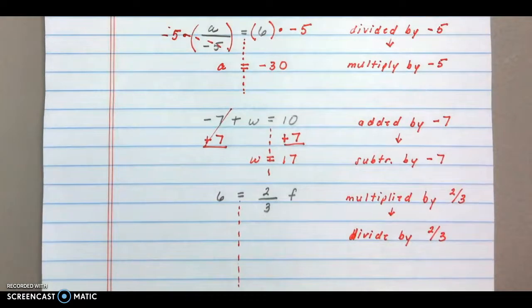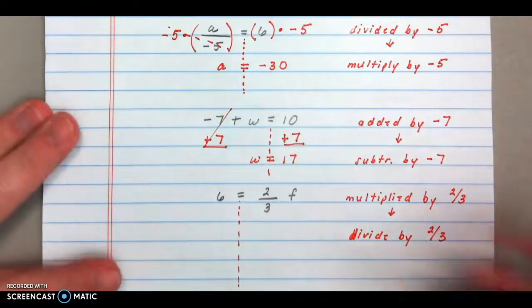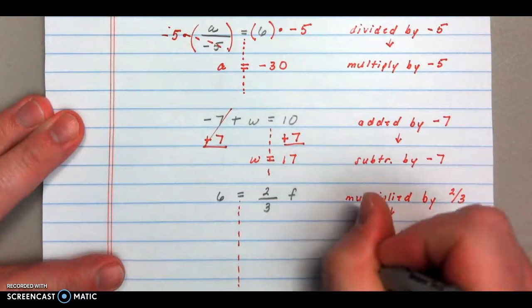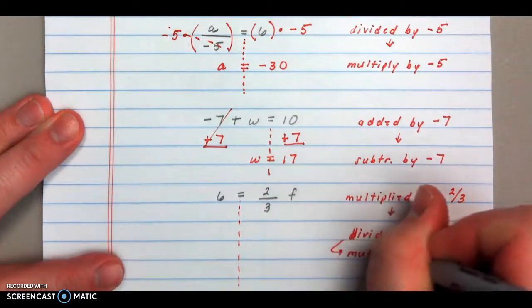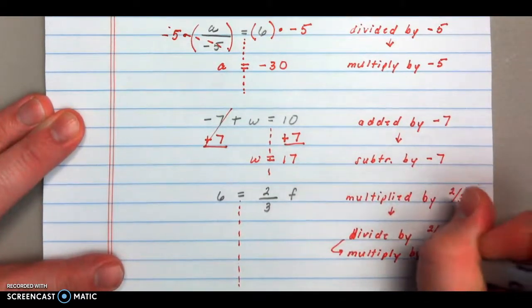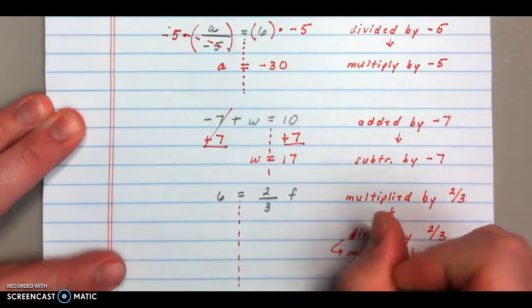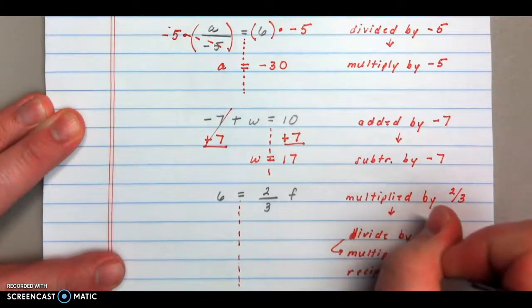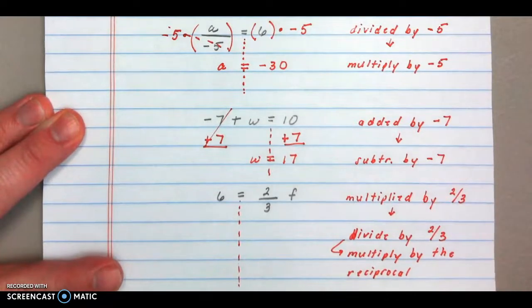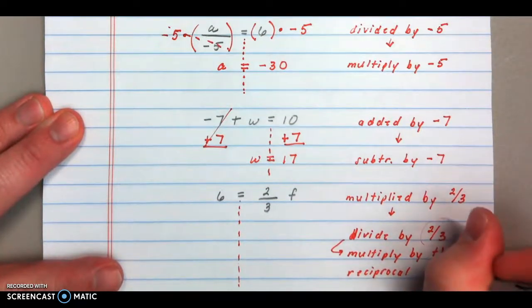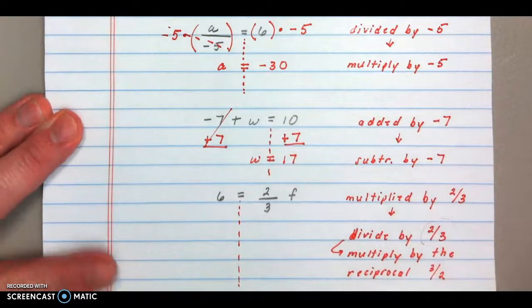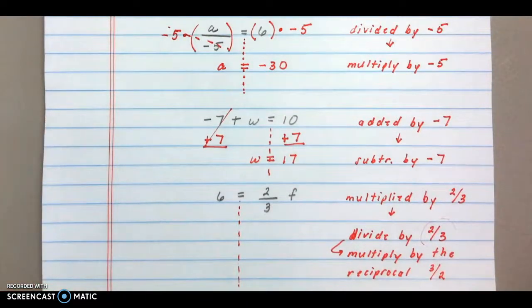So we could, if we wanted to, divide by 2/3. But remember, when we're dividing by a fraction, that's the same thing as multiplying by the reciprocal. Multiply by the reciprocal. And that means that we're going to take this 2/3 and we're going to flip it. So that's 3/2. So the numerator and denominator trade places.